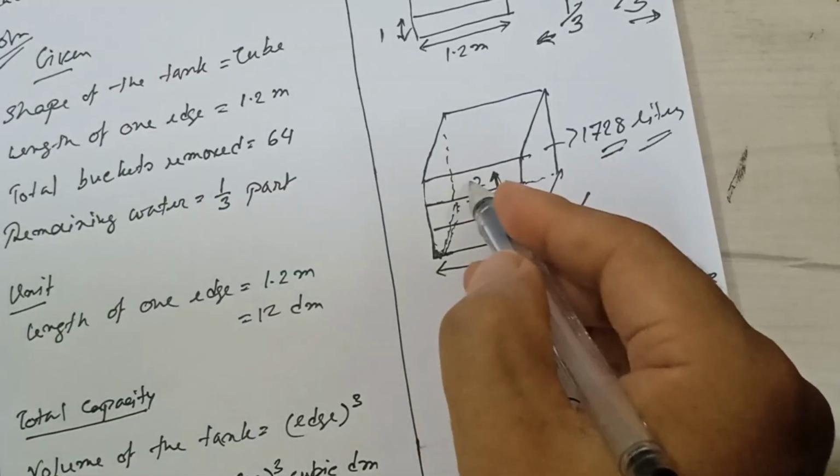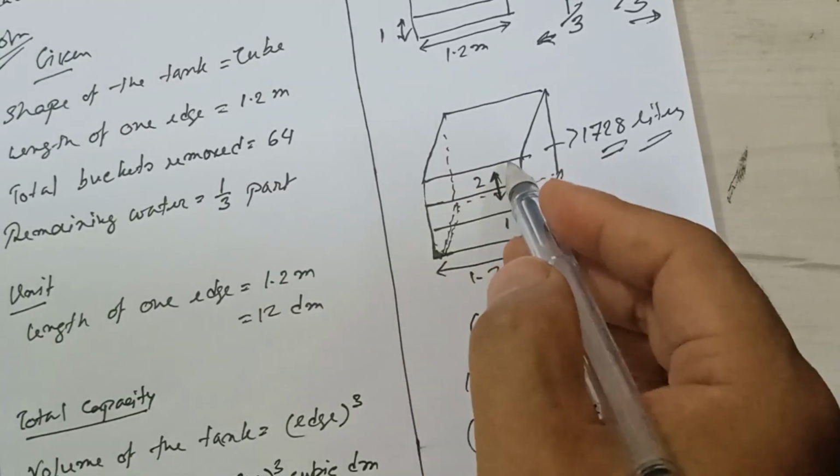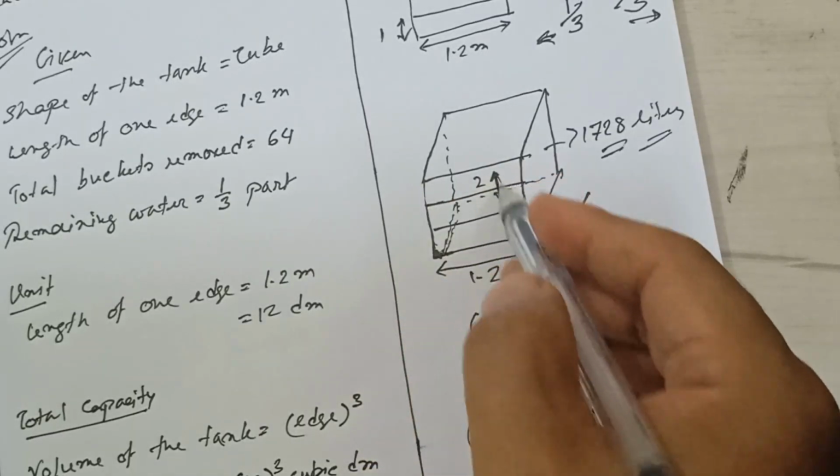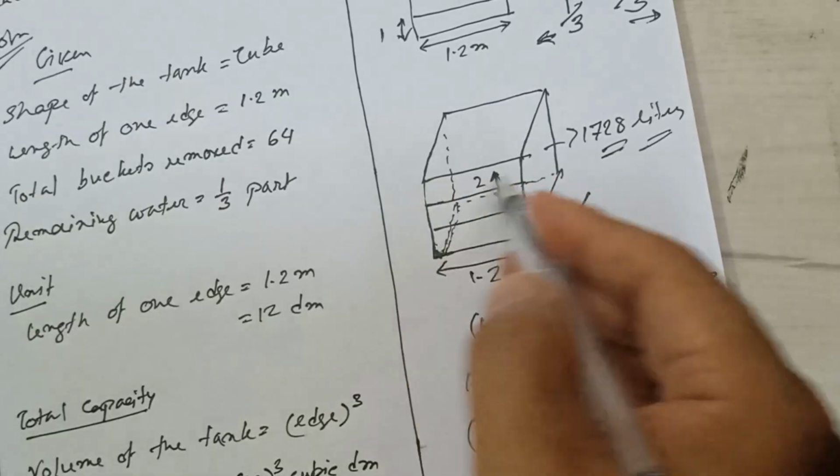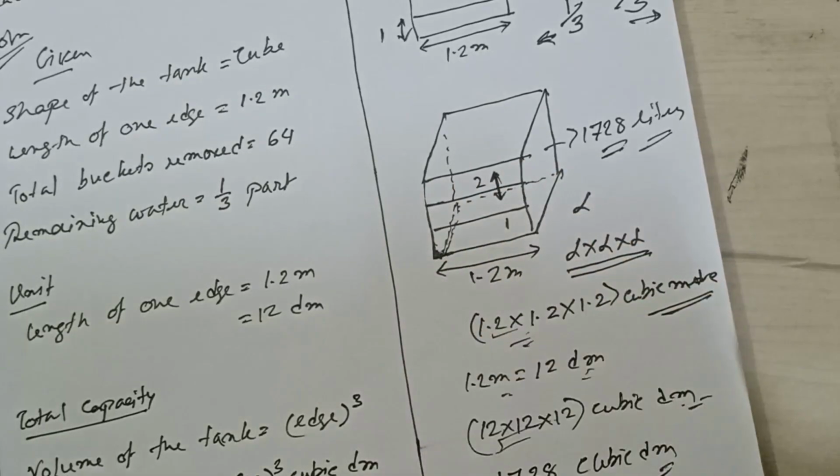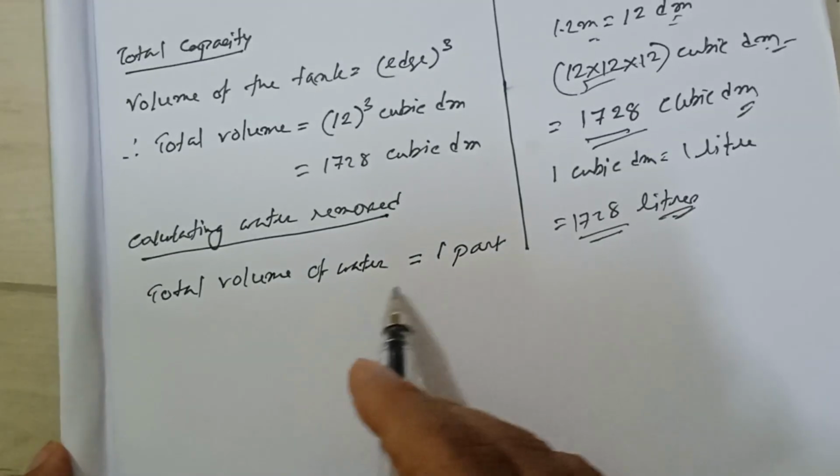You see, we have divided it into 3 parts. Okay, 1, 2, 3. The total is 1 part. So we take the total volume of water as 1 part.